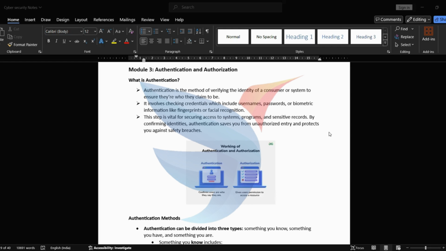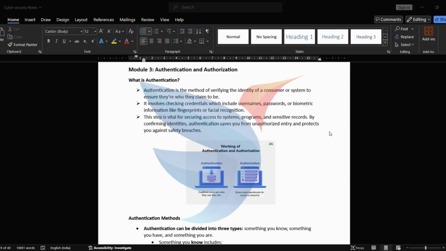This step is vital for securing access to systems, programs, and sensitive records. By confirming identities, authentication saves you from unauthorized entry and protects you against safety breaches.